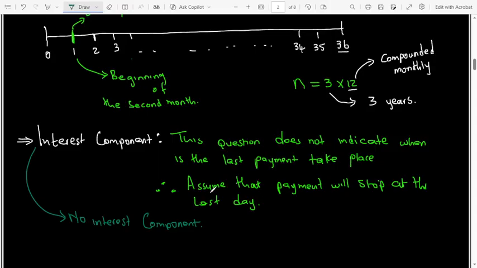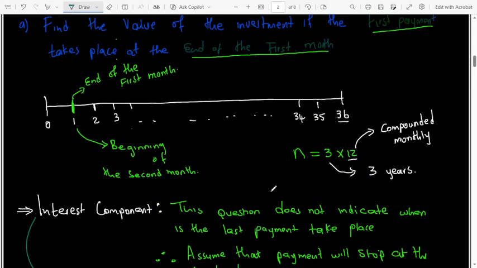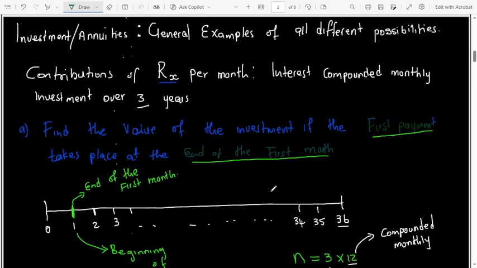This tells you that the norm is to start paying at the end of the first month. Then you need to choose the formula that you need to use. Look at this: do you have a monthly payment? Do you have a monthly installment? Yes.